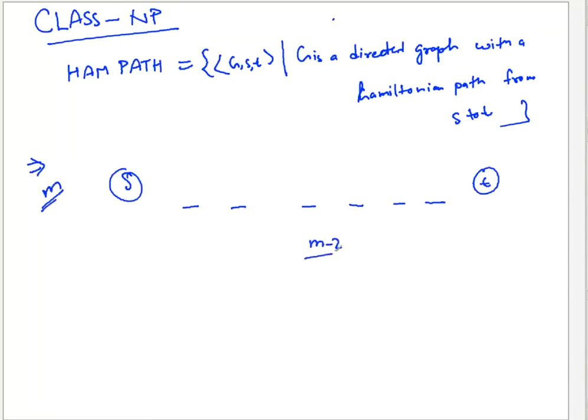All those nodes can appear in any order, so factorial M minus 2 possibilities might be there. For every such possibility, you have to check that for two consecutive nodes I and J, there is a direct edge or not. If not, then that particular possibility goes away. This is a brute force way.